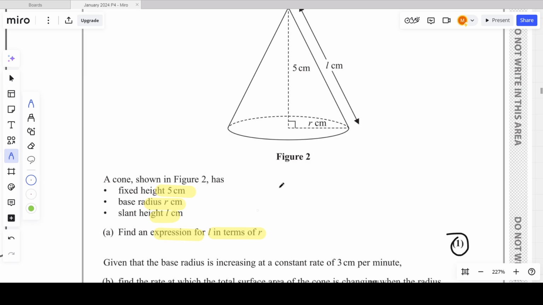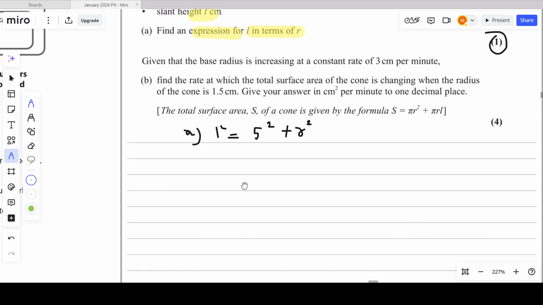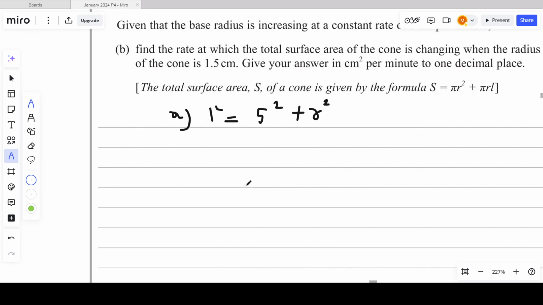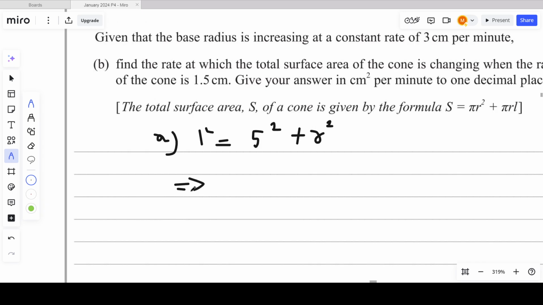The other two sides are 5 squared and R squared, provided that the triangle is a right angled triangle. We need an expression for L, so make L the subject. You will get the square root of R squared plus 25. That's it for 1 mark.